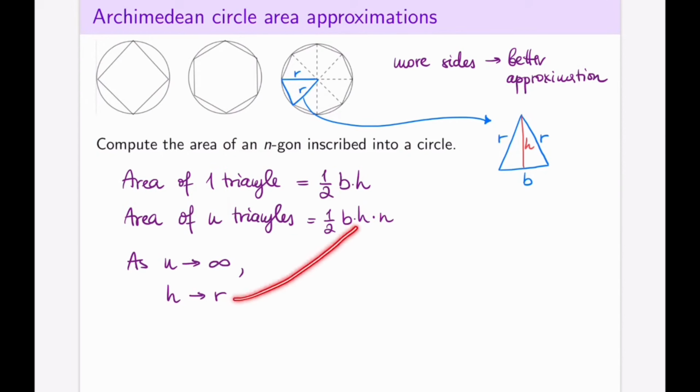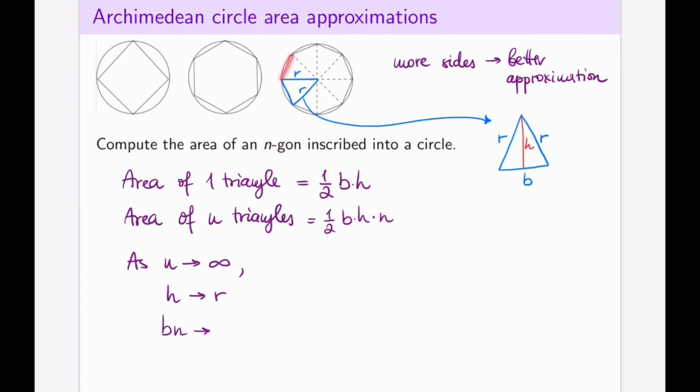Now, if h goes to r and I'm interested in the total area, then I'm also interested in what happens with this b and n. So let's think about b times n. What does that tend toward? b was the length of the base, which means the length of each one of these triangles, and n was the number of these triangles.